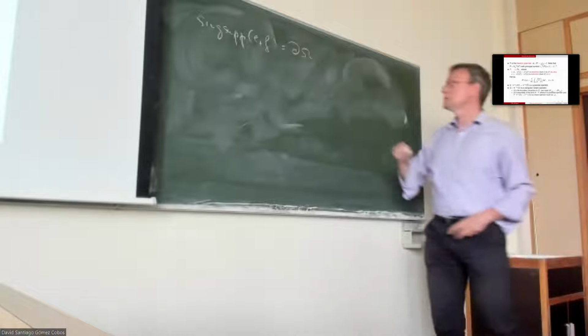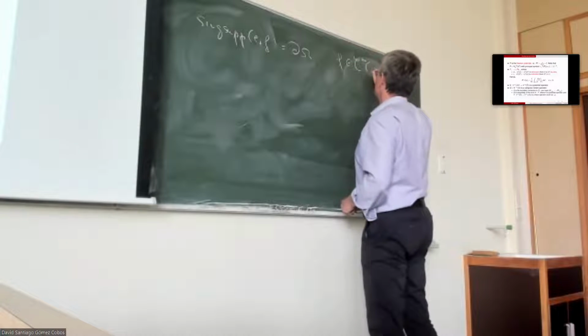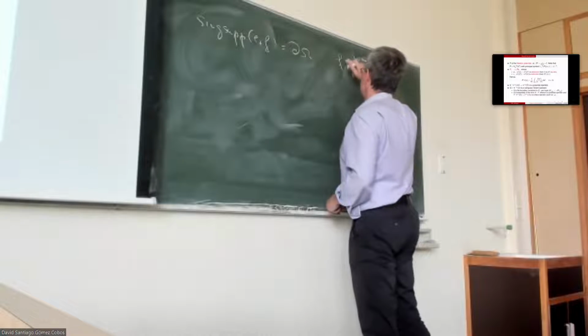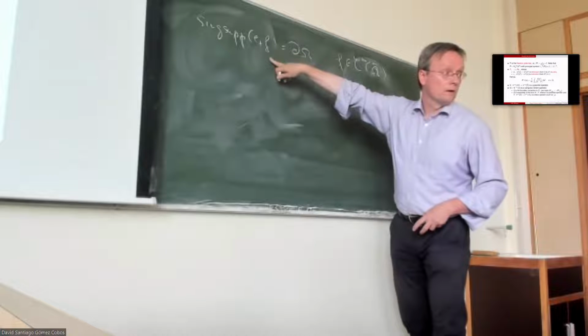We start with some F in C infinity on omega bar, smooth up to the boundary. In places where F doesn't vanish, you introduce a singularity.